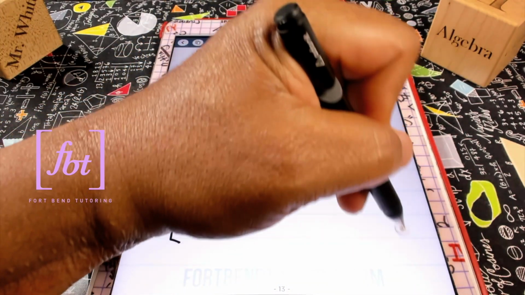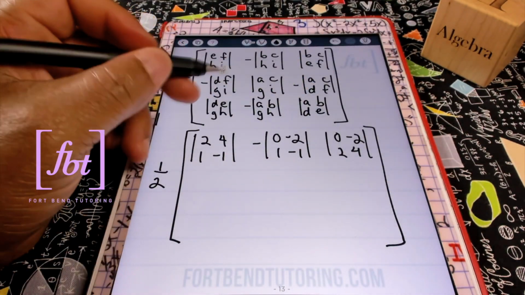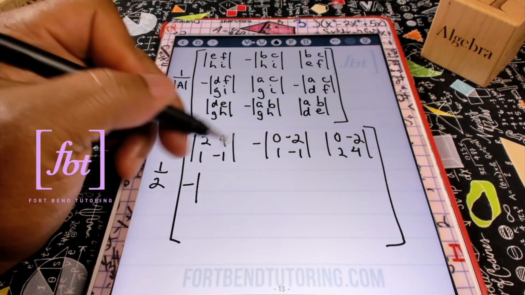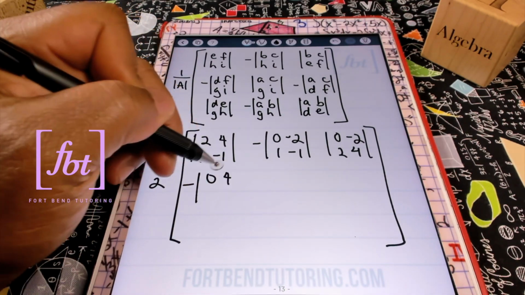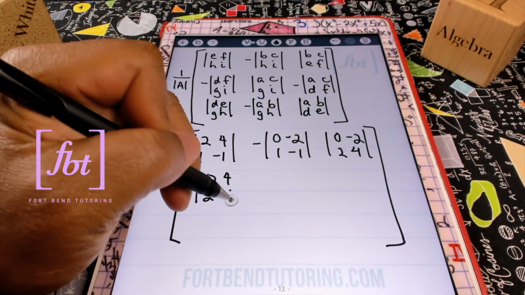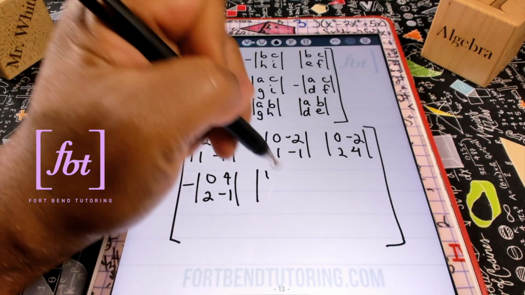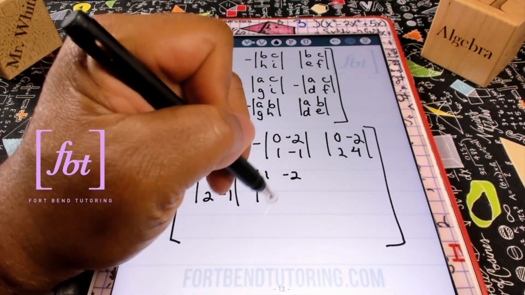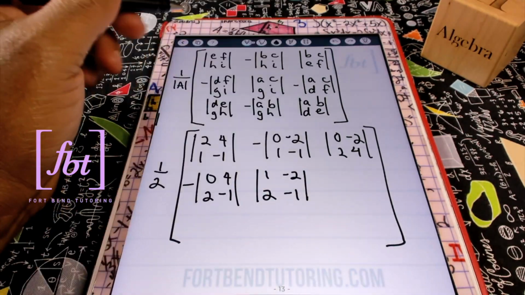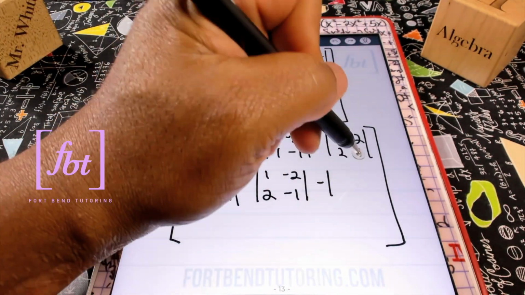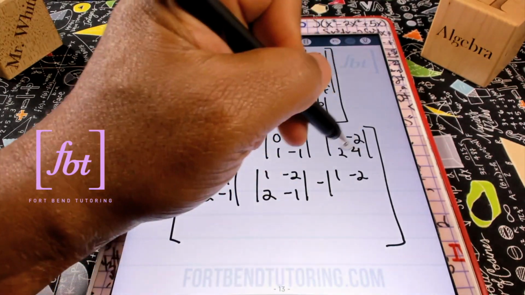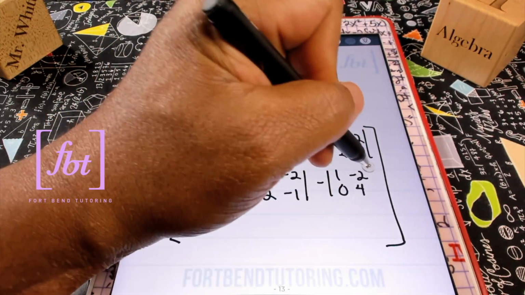And then for our second row of determinants, you'll find the opposite of the determinant of 0, 4, 2, negative 1, as well as a determinant of 1, negative 2, 2, negative 1. Then you'll find the opposite of the determinant of 1, negative 2, 0, 4.